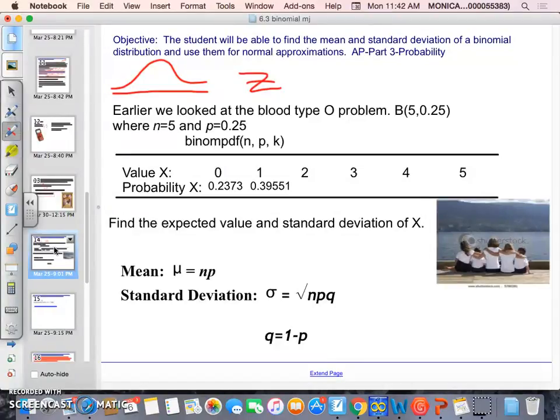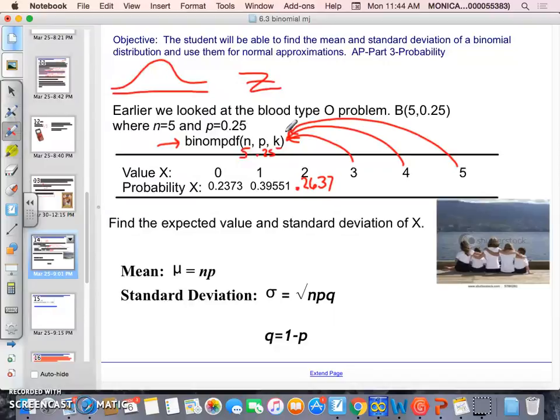To get your values in the table, you want to fill in the probability distribution, you would just type in these numbers here for k. 4 for k, 3 for k, 5 for k, and your n is always going to be 5, and your probability of success is 0.25. And you should come up with the expected values for those.